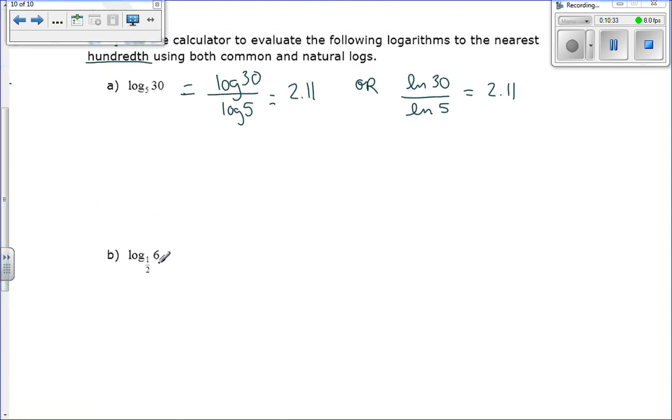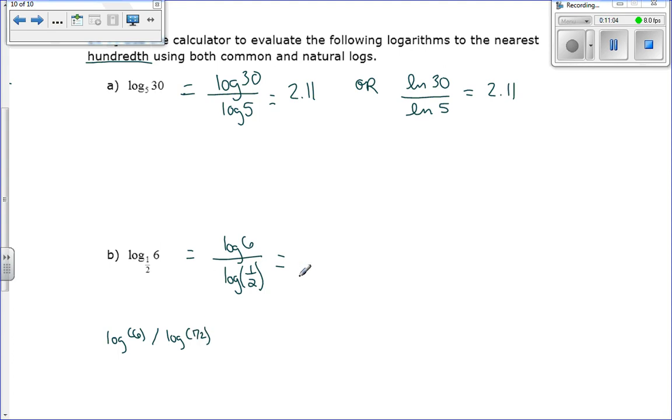Same thing here. We have the log of the number, which is 6, divided by the log of the base, which is 1/2. And when I put that into the calculator, make sure you have parentheses around the denominator. So to type this in, it would actually look like log parentheses 6 divided by the log of 1/2.